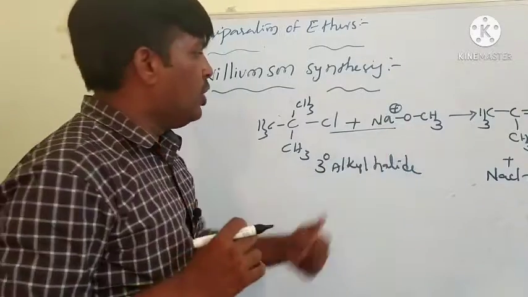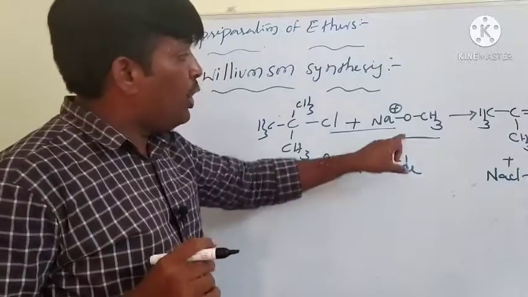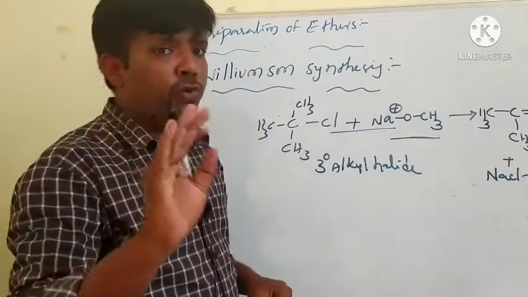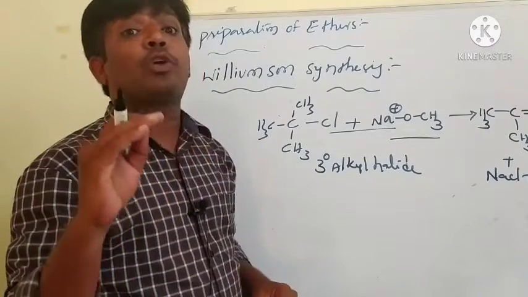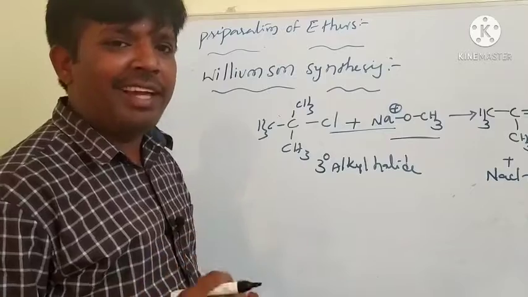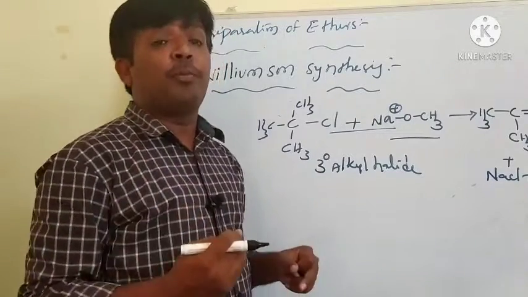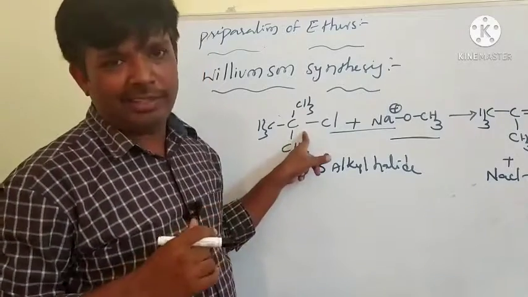The reason is that when a tertiary alkyl halide reacts with methoxide, that is sodium alkoxide, the sodium alkoxide is not only a nucleophile. It is also acting as a strong base. A strong base has the property to abstract hydrogen from the alkyl halide.